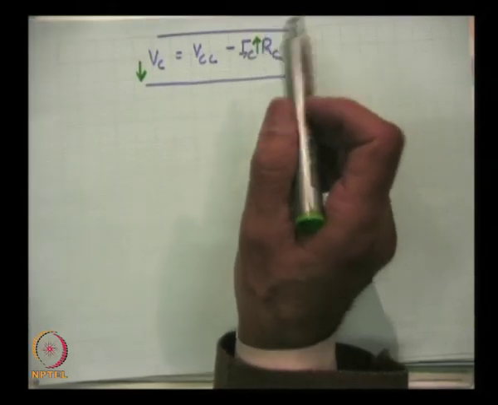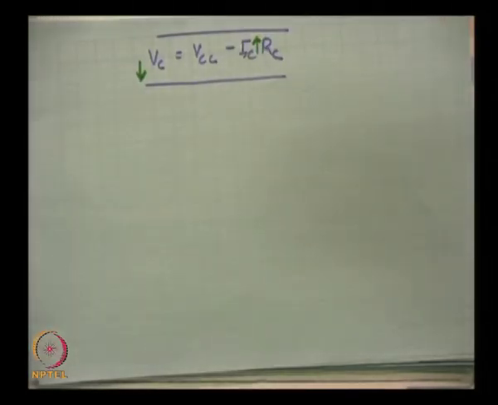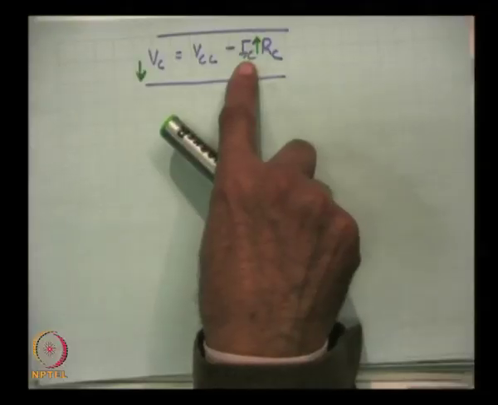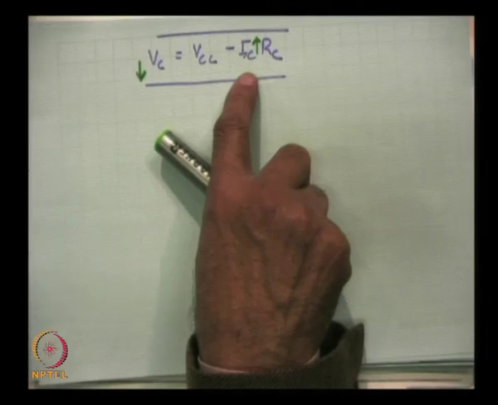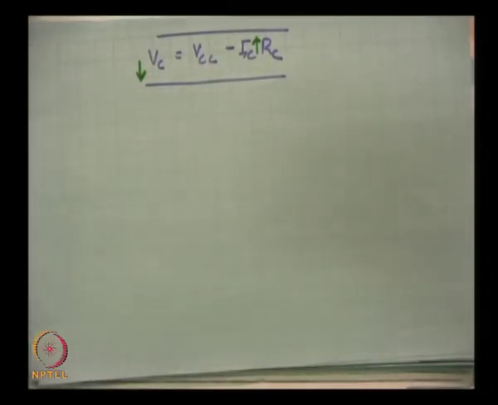It will check the rise in the collector current, and this way the stability will be achieved. Now, this voltage compensates for the rise in current, and this compensation may not be 100%.